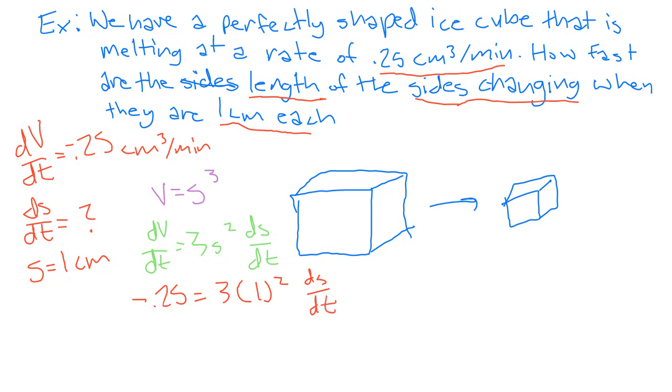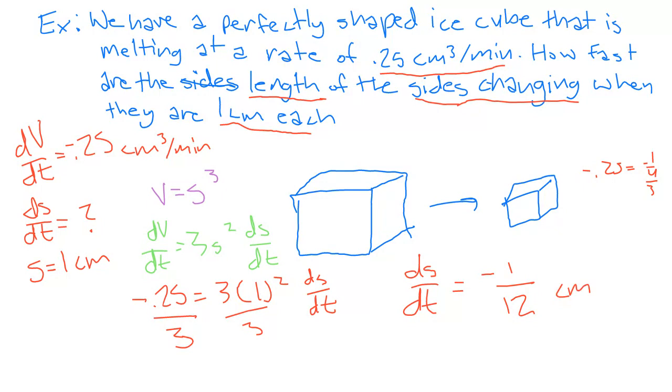So at this point, we can just divide by 3, which will give us a final answer of ds over dt is equal to negative 0.25 over 3, which is negative 1/4 over 3. We can simplify this down to negative 1 over 12.